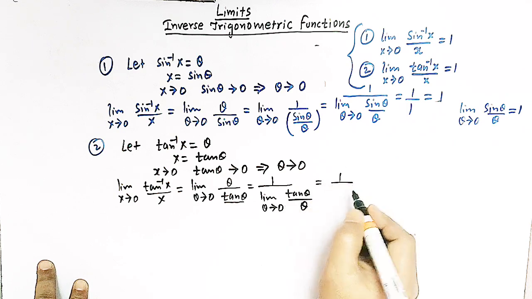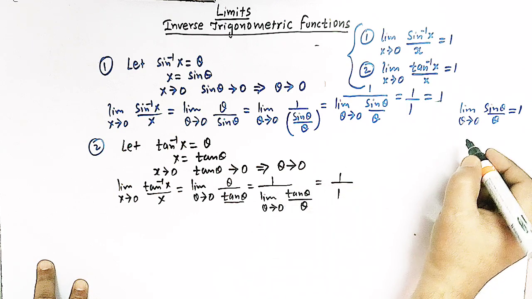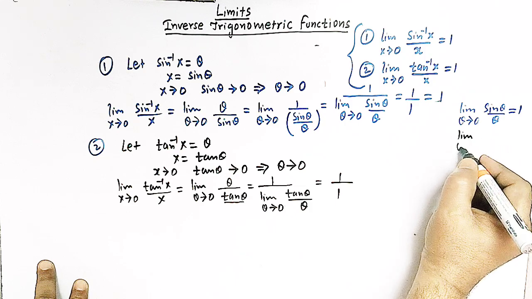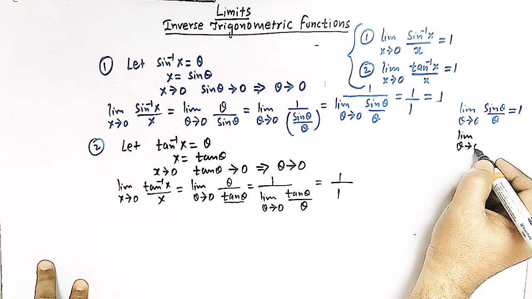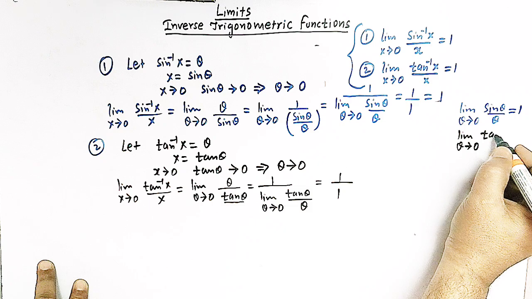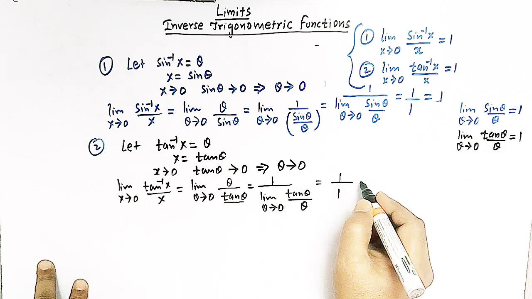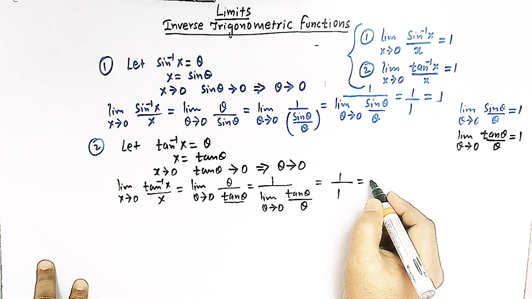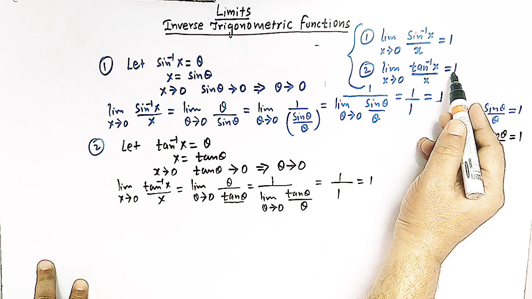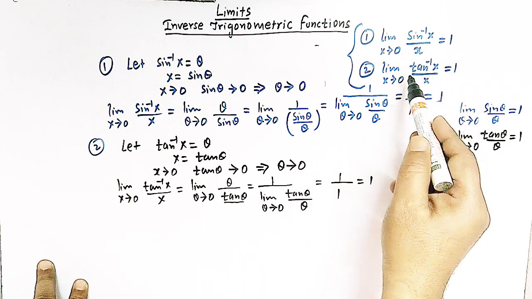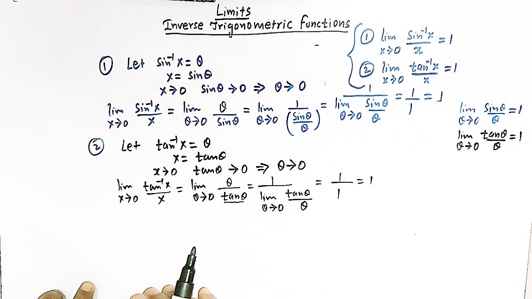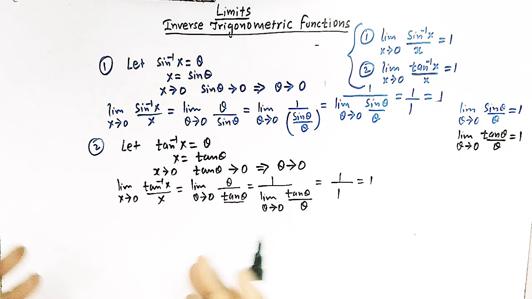So we have 1 over 1, because this is the standard result in limits, that is, the limit as theta tends to 0 of tan theta over theta is equal to 1. So we have here 1 over 1, that is equal to 1. So these two results play an important role while evaluating limits involving inverse trigonometric functions.